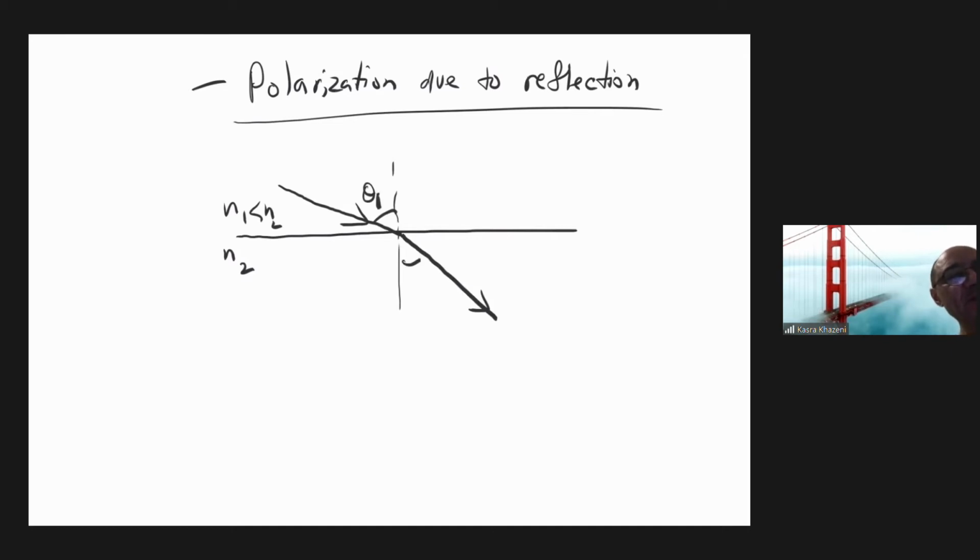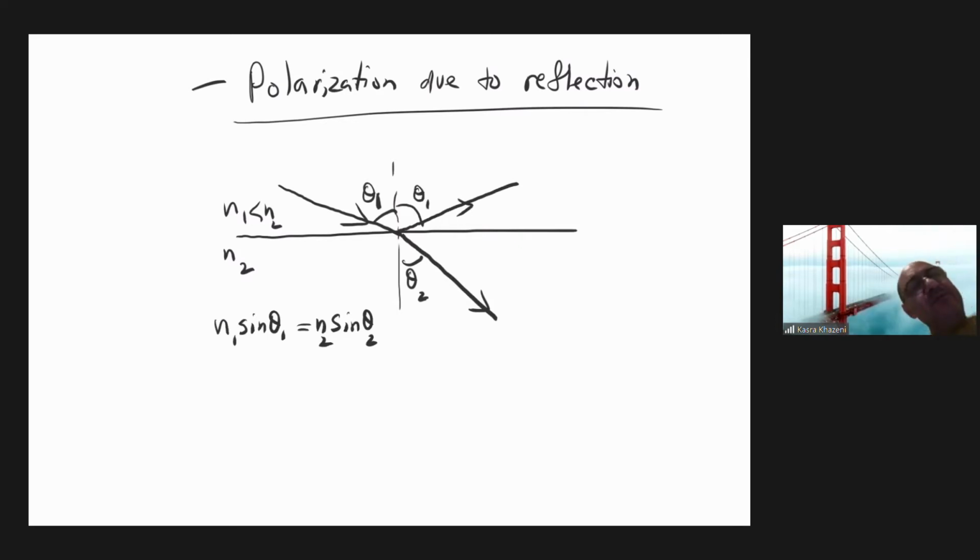Let me just call this 1 and 2. And we have a relationship, of course, between the indices and these angles, which is Snell's law. So we already know how they're related. But we also have this reflected beam. If you remember, these two angles are the same. The reflected beam angle is the same as the incoming angle.